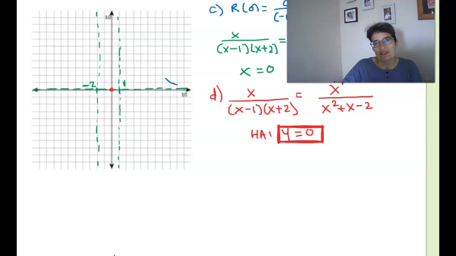But we're not sure whether it's on this side or on this side. So that's why test points are important. Is it going to be above the horizontal asymptote or below? And at this end too. Is it this way or this way? So you can see that this is an important interval that we need to look at.